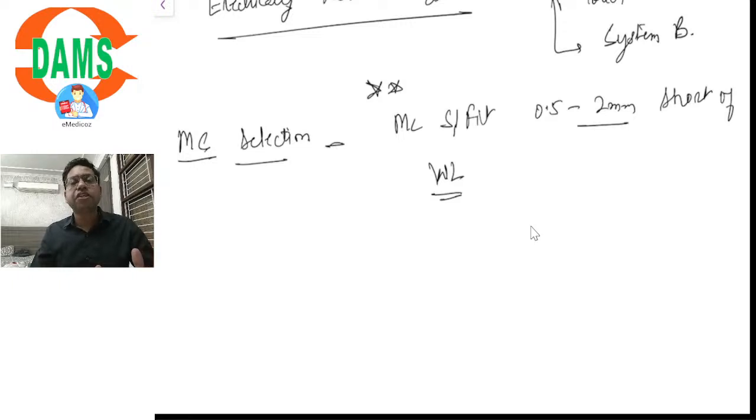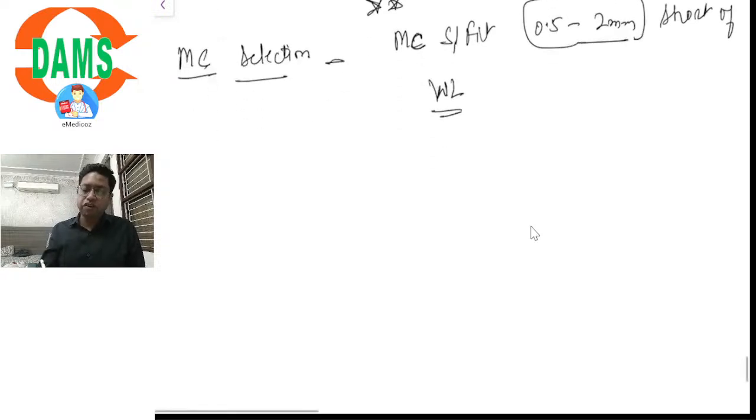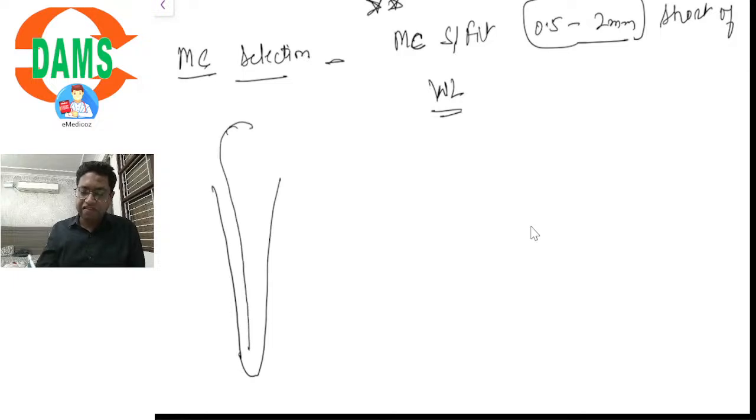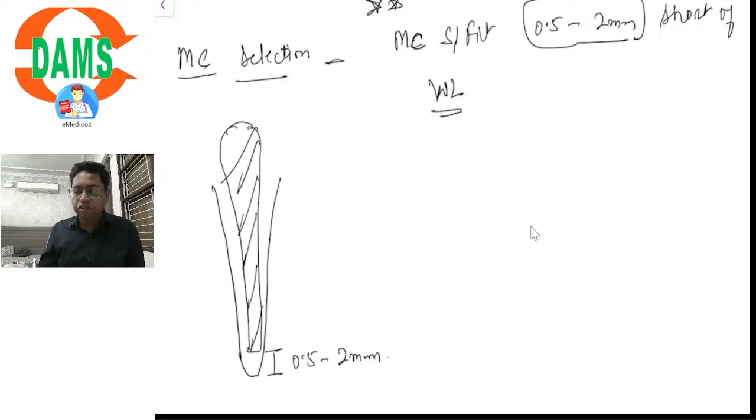In warm vertical compaction, the master cone should fit 0.5 to 2 millimeters short of working length. So practically, this is the prepared root canal and this is the master cone that would be seated inside the root canal. This master cone should be 0.5 to 2 millimeters short of working length.